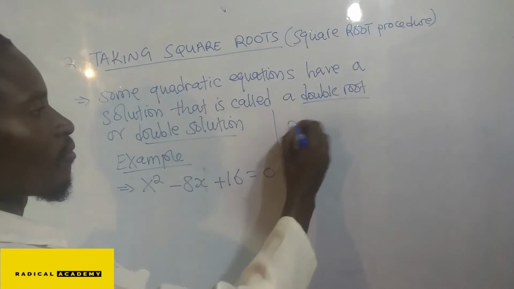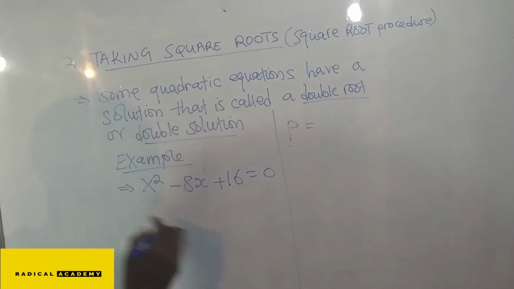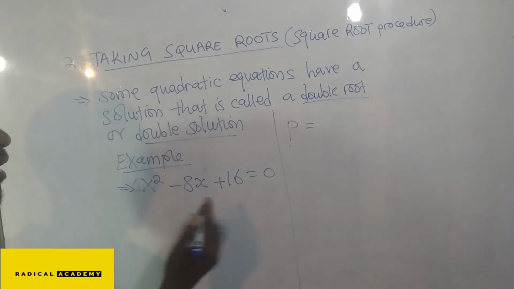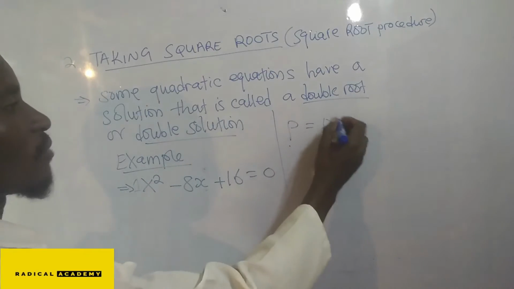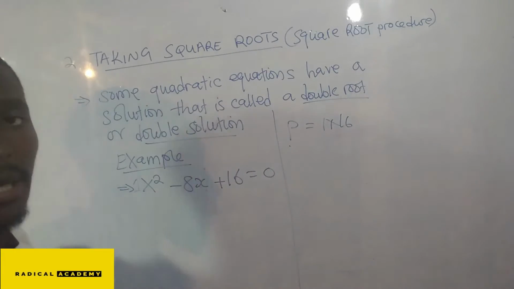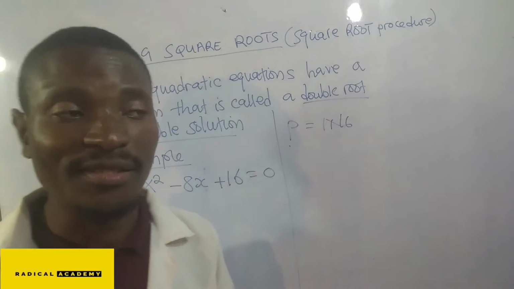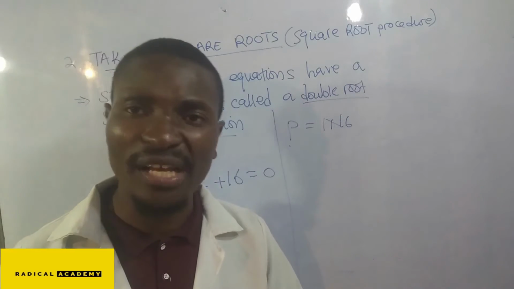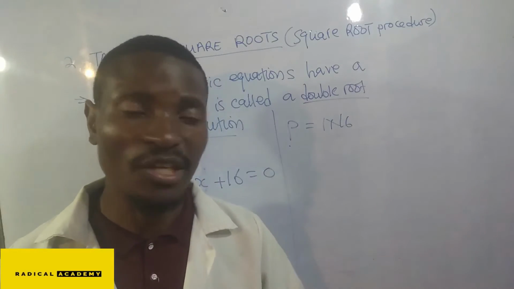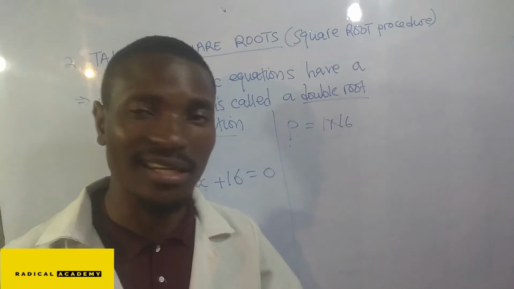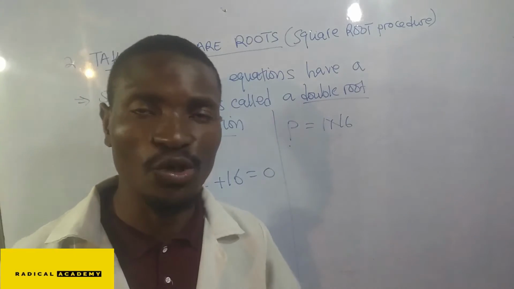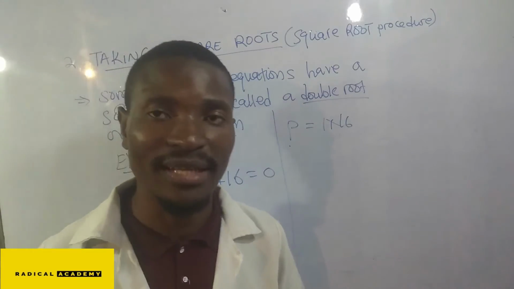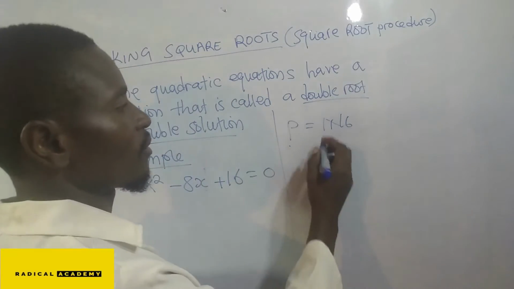In this case, the product is 1 multiplied by 16, and then you ask yourself, are there any other two numbers that you can multiply together to give you 16? Of course, there are numbers like -4 multiplied by -4, you get 16, or also 4 multiplied by 4, you also get 16.